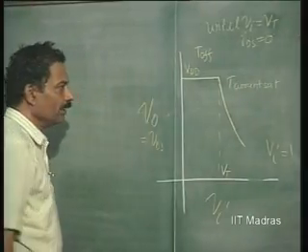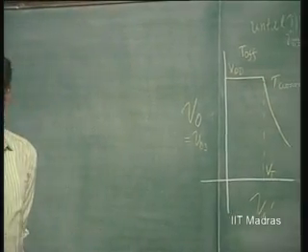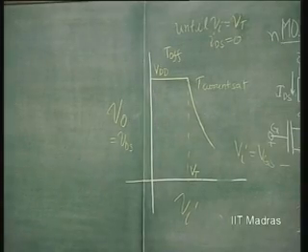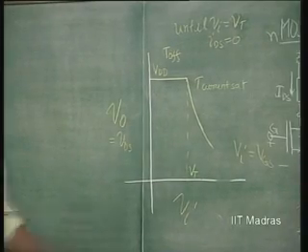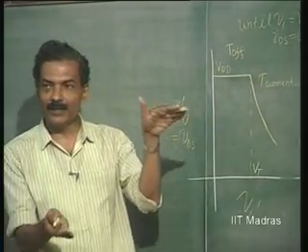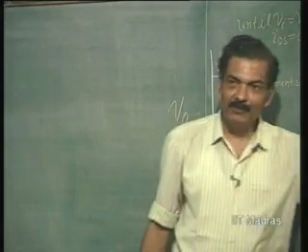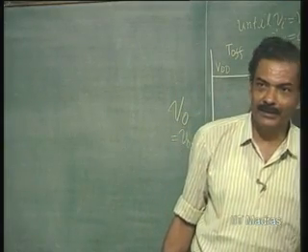And up to what point will it go on like this until it enters triode region, because now this VDS is going on decreasing. Initially VDD is greater than Vi minus Vt.